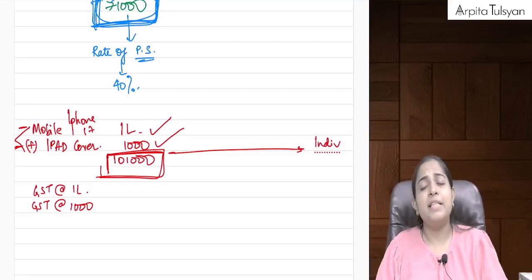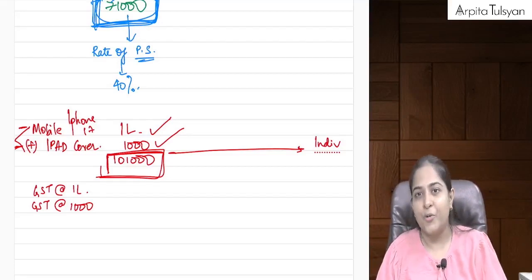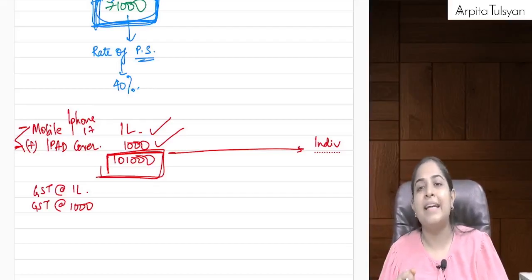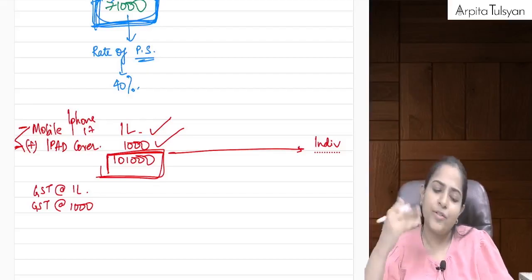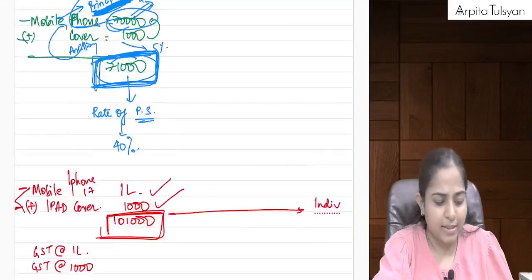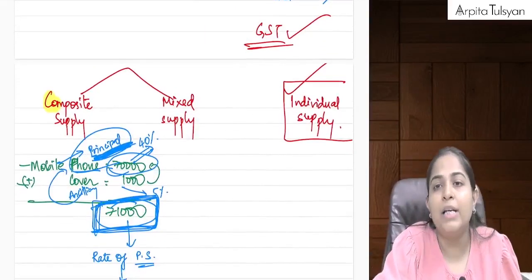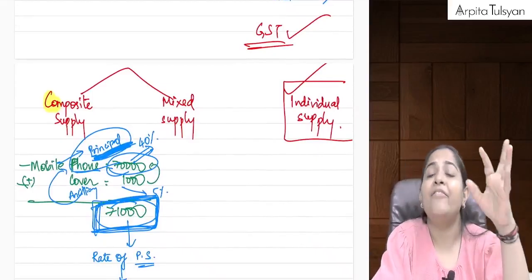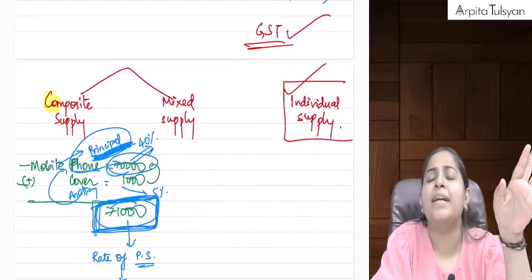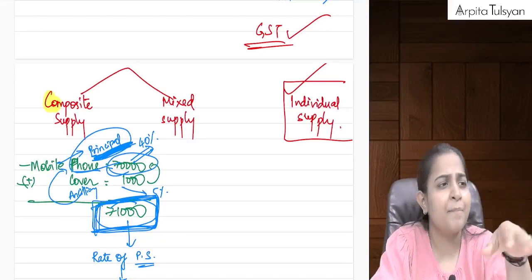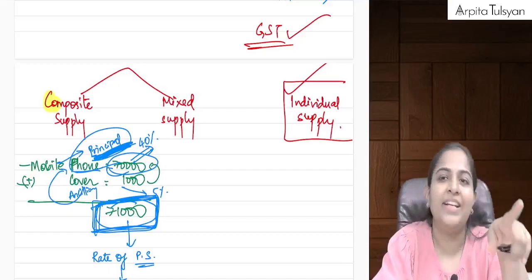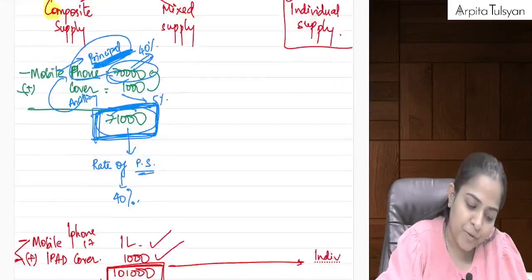Now, none of these supplies are naturally bundled together. So on each item, if you check the bill, they charge the GST individually. That is considered an individual supply. So only if two or more taxable supplies are provided together and are naturally bundled together in the ordinary course of business, meaning generally both of these things are provided together only, then we can consider that a composite supply.